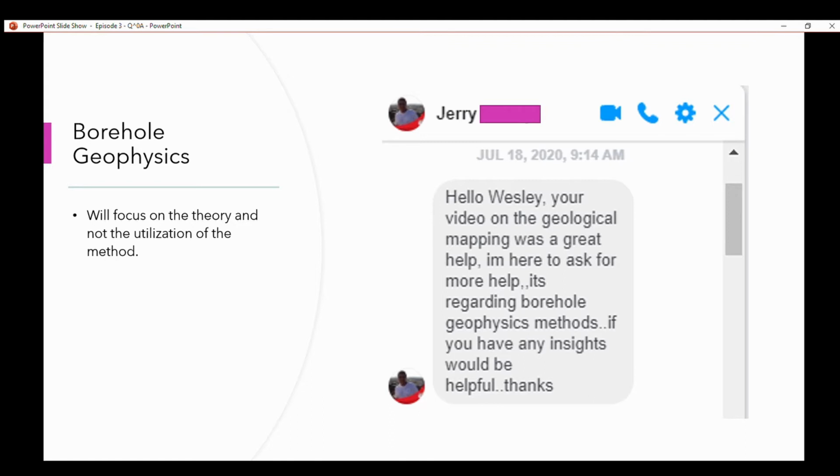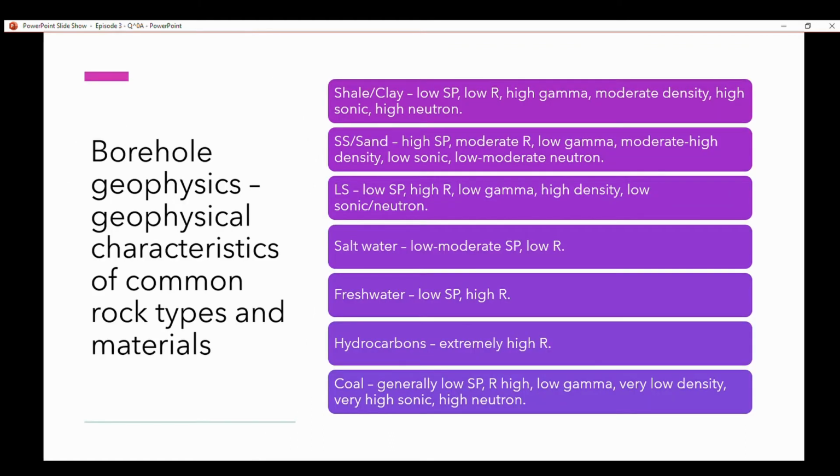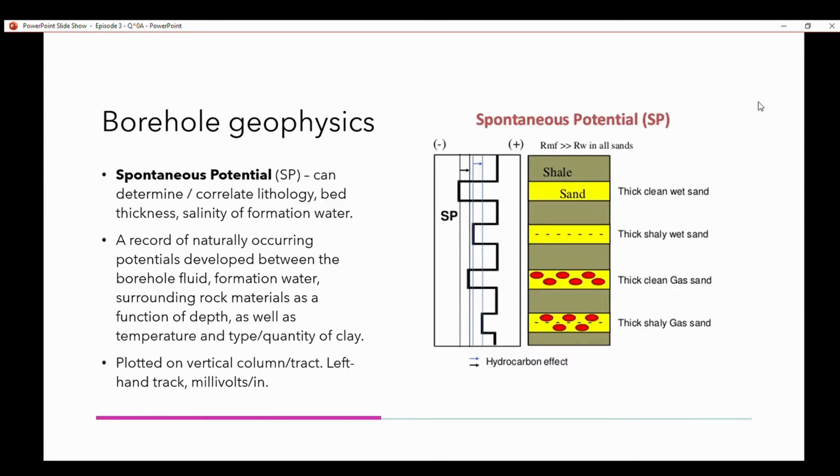Okay, so before we jump into each method, we have to determine the geophysical characteristics of the common rock types that we'll face. Shale and clay will have a low spontaneous potential, low resistivity or high conductivity, high gamma, moderate density, and sonic, and then high neutron.